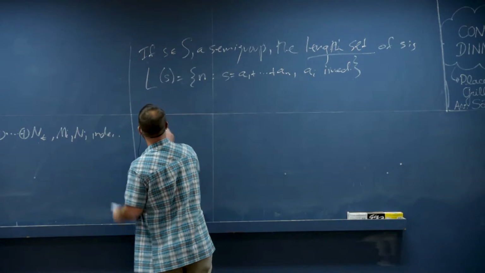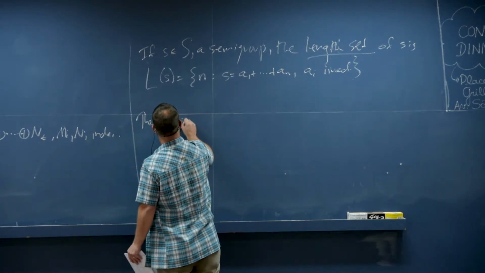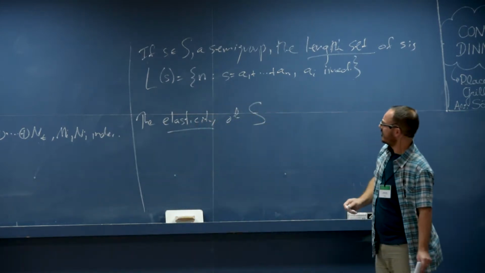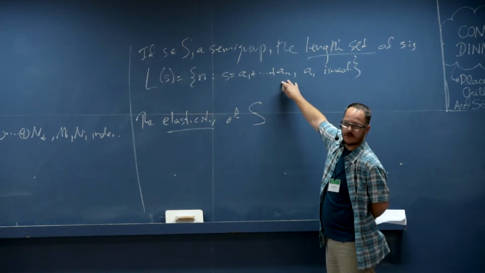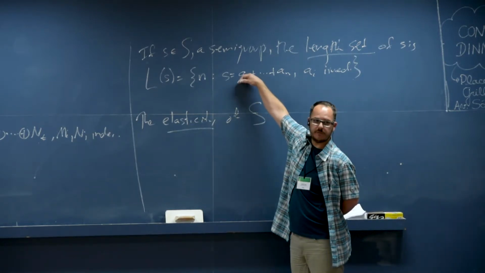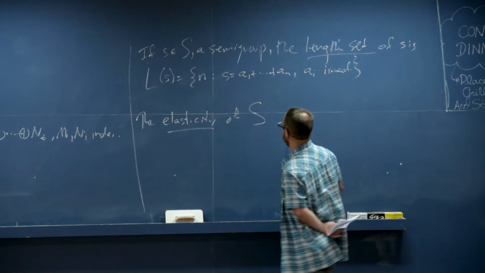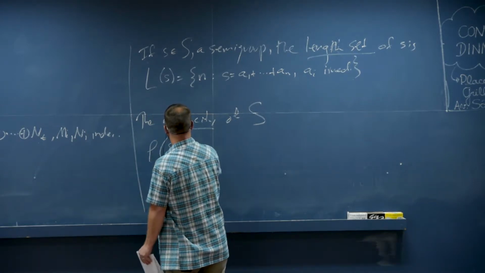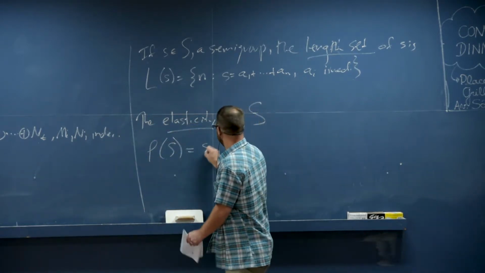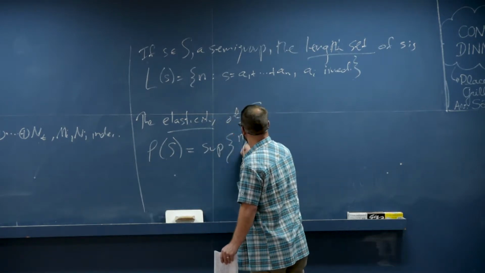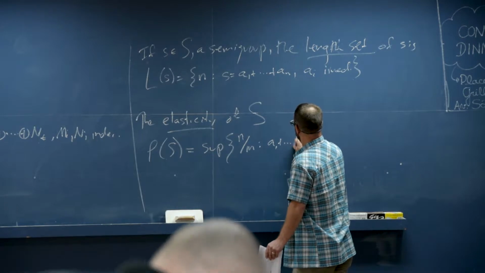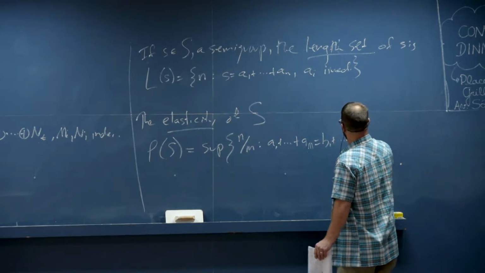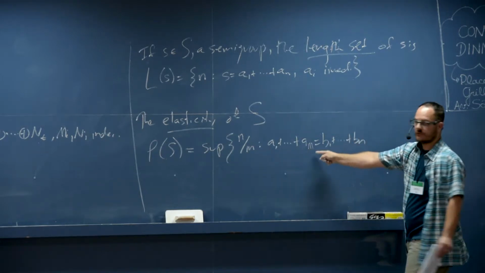And the elasticity. One can define the elasticity of an element, which is just the supremum of this set divided by the minimum of this set. But just to make life a little bit easier, let me define the elasticity rho of S of the semigroup. So this is the supremum of the quotient n over m.